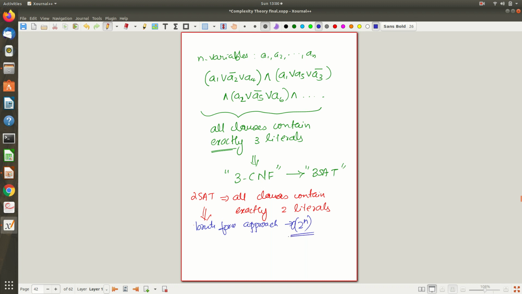But the reason why 2-SAT and 3-SAT are important is that 2-SAT is polynomially solvable. This is exponential running time, right? So we have a polynomial algorithm, polynomial by default, I mean deterministic polynomial, okay? So don't confuse on that word. Deterministic polynomial time.